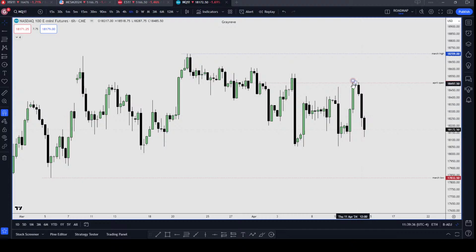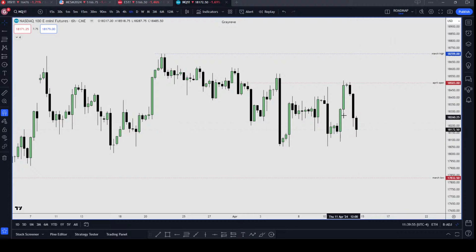And in a case whereby price comes back and validates this high, then obviously we are in a seek and destroy condition, which means very tough trading conditions. Okay, now let's take a look at this leg down, if we have anything that we can key off from to go short into March low.